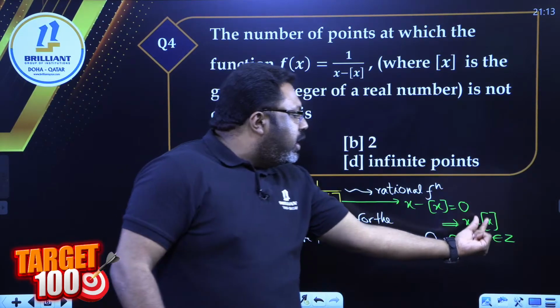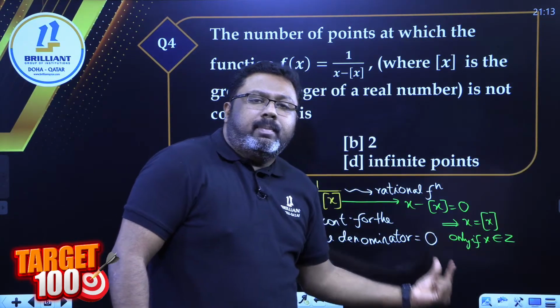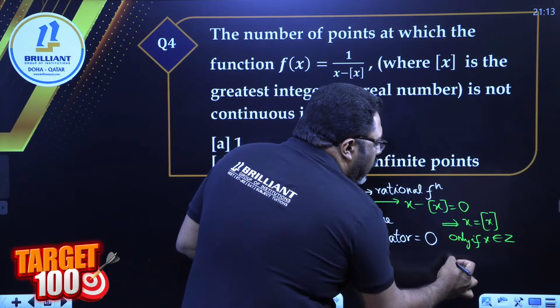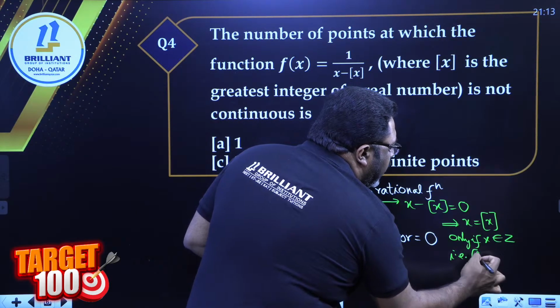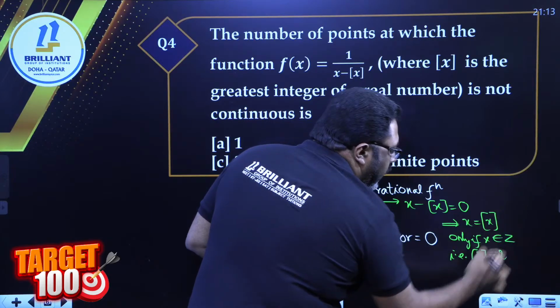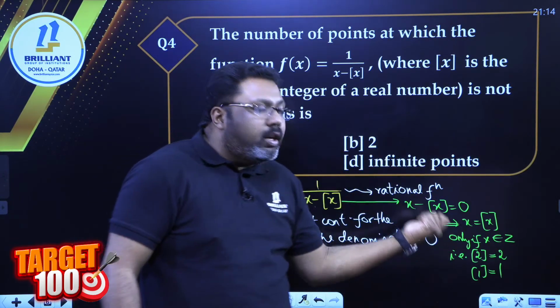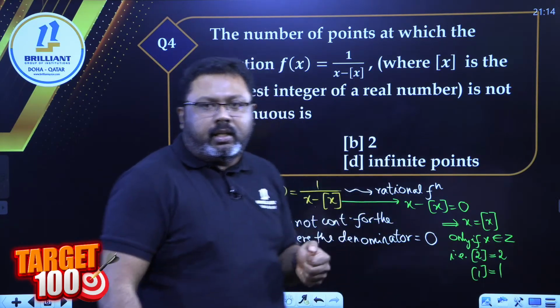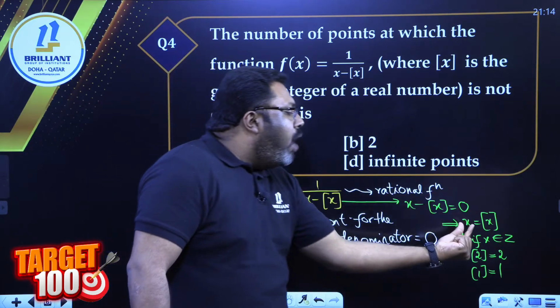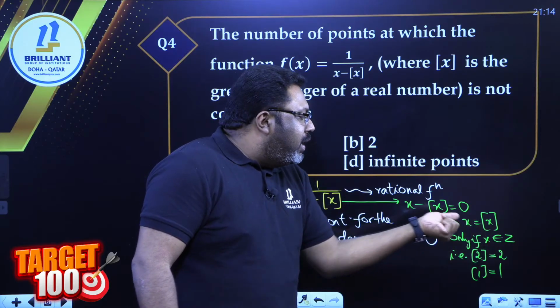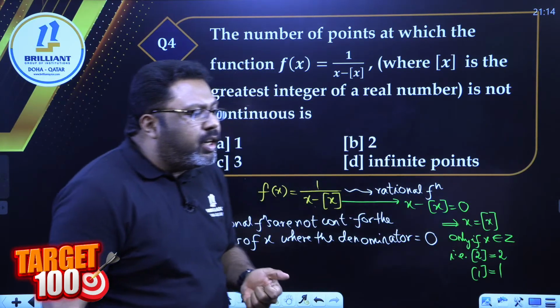Only greatest integer of an integer becomes the same answer. That is, greatest integer of 2 is 2. Greatest integer of 1 is 1. So greatest integer of an integer is always an integer. So for how many values of x does x become equal to greatest integer of x?